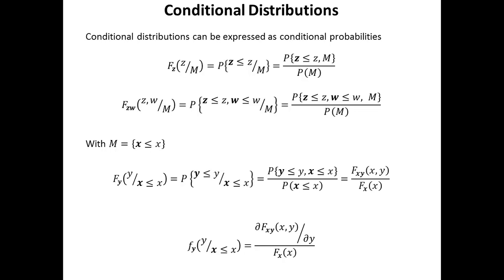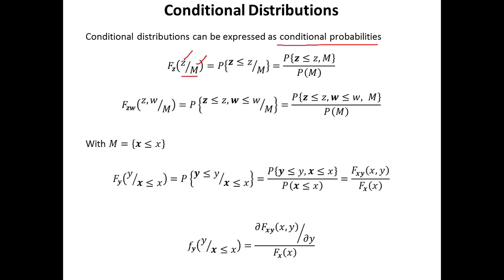Till now we have discussed conditional probability in one of the previous lectures, and this conditional distribution can be derived or obtained from conditional probabilities. Let us consider the CDF of this conditional event Z over M. Z over M represents that we are calculating the probability of event Z provided that event M has already happened.